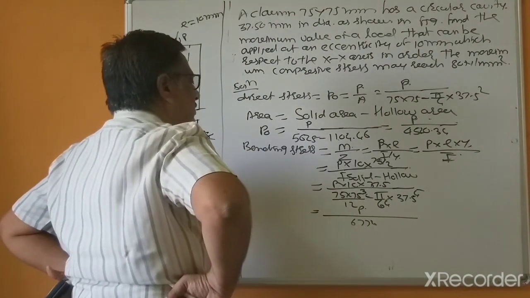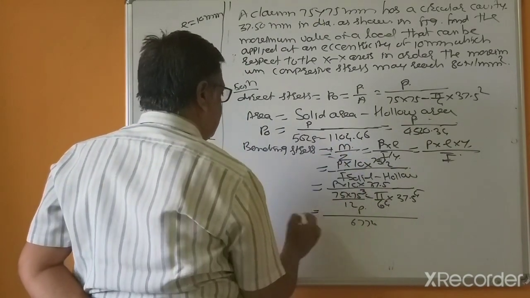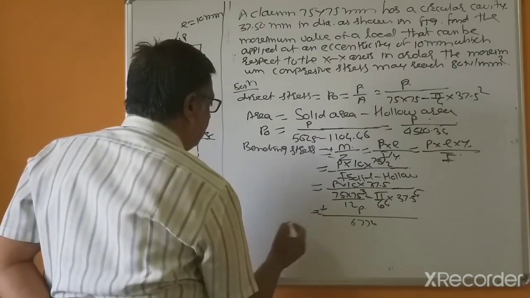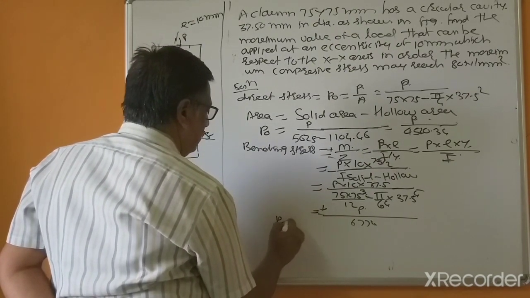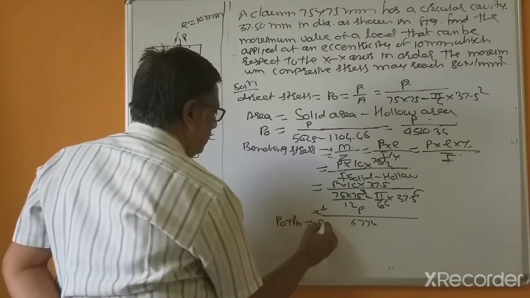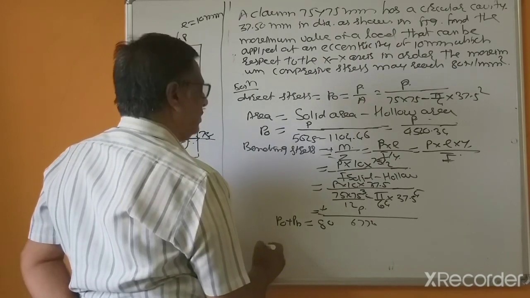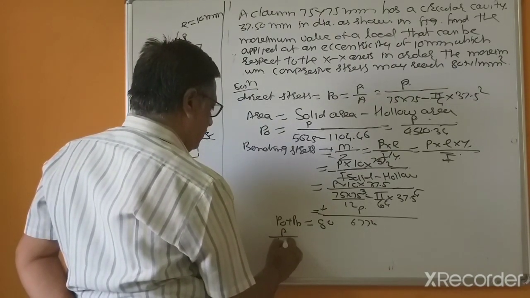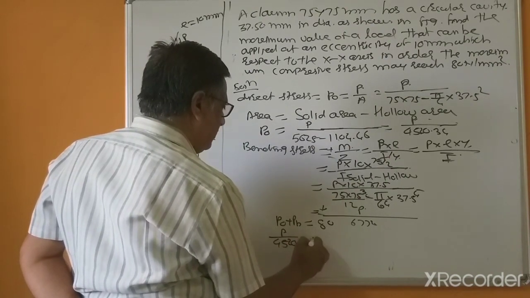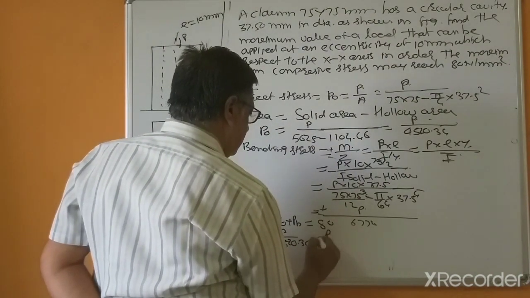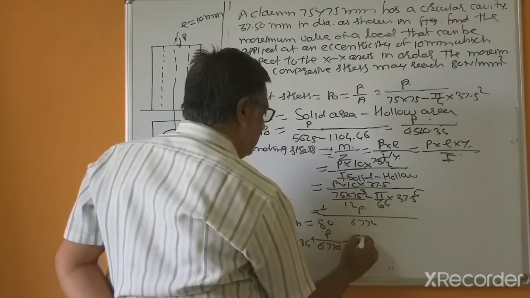All right. Now this is plus minus. So that's why plus we can consider P0 plus PB equal to, this is given 80. P0 equal to P into 4520.34 plus P into 6770 equal to 80.